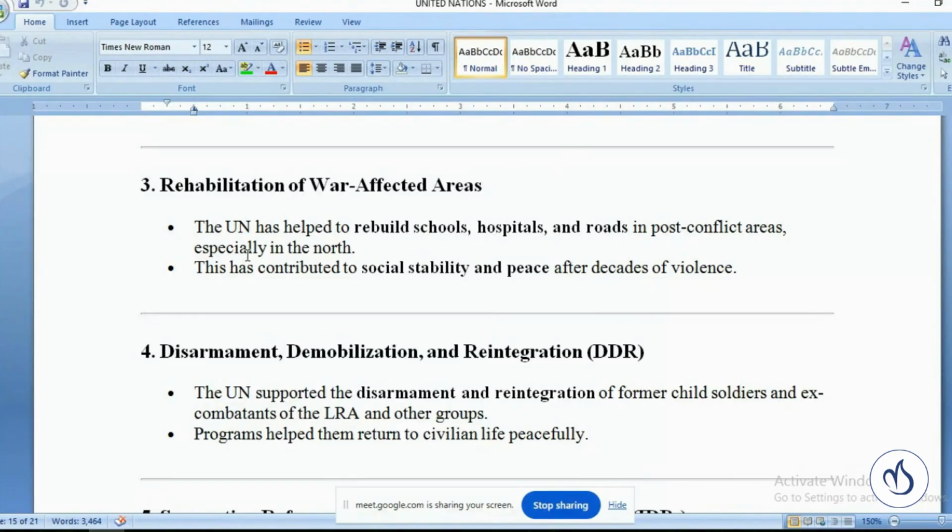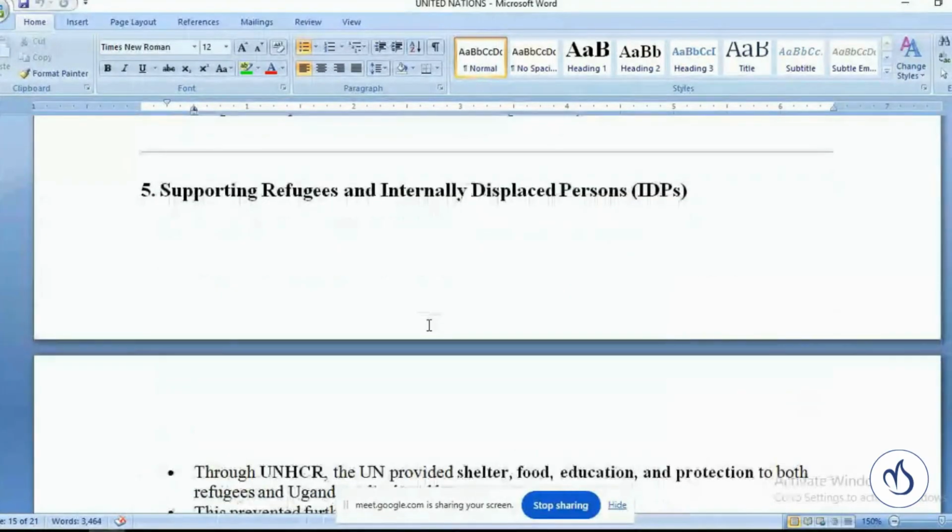What UN did, it intervened and it reconstructed the schools in Luweero Triangle, because schools were used by the army, and hospitals were destroyed, roads were destroyed. So UN helped in that, and it reconstructed those structures. This also contributes to social stability and peace after decades of violence. So when the violence ended, UN stabilized peace by reconstructing.